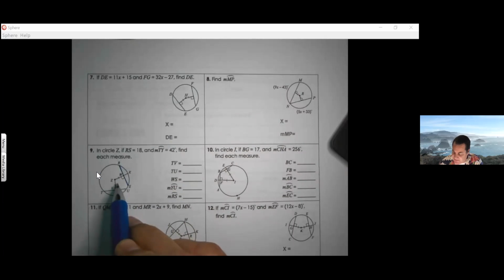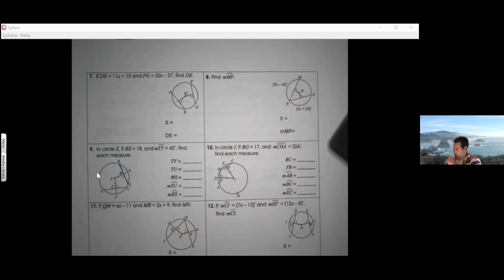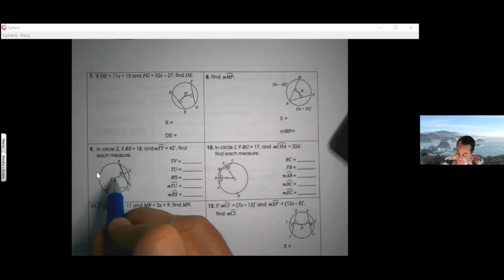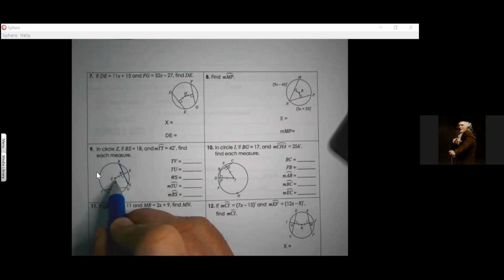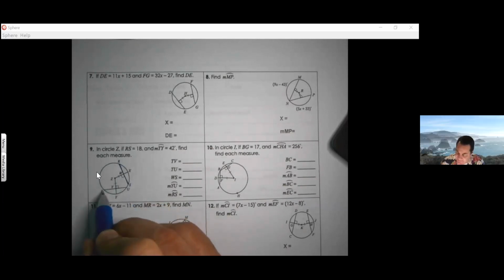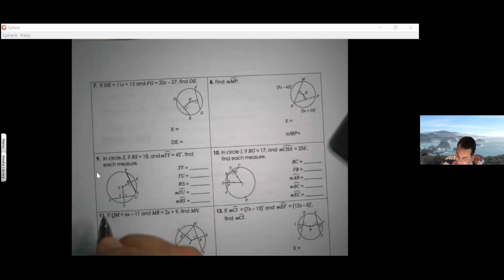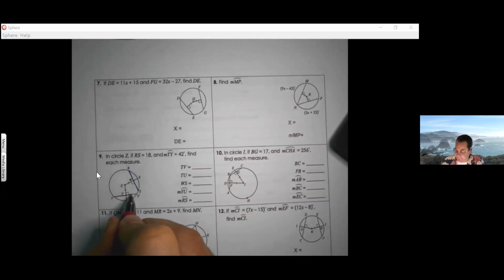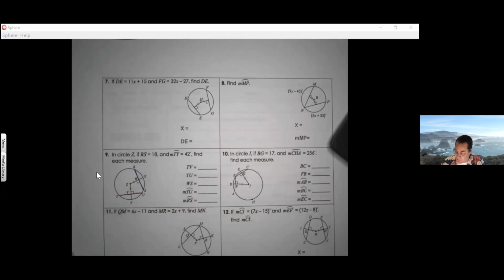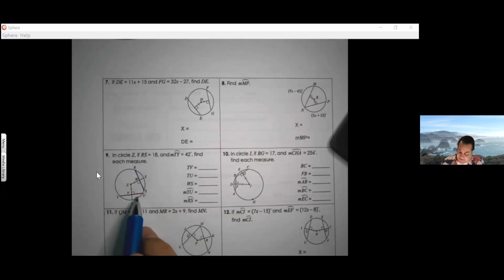Well, this segment here is 18. Nope, the segment is congruent to this segment, which means that the blue chord is equidistant from the center as this pink chord is. If they're equidistant, then they're the same. So if RS is 18, then TU is 18 as well.